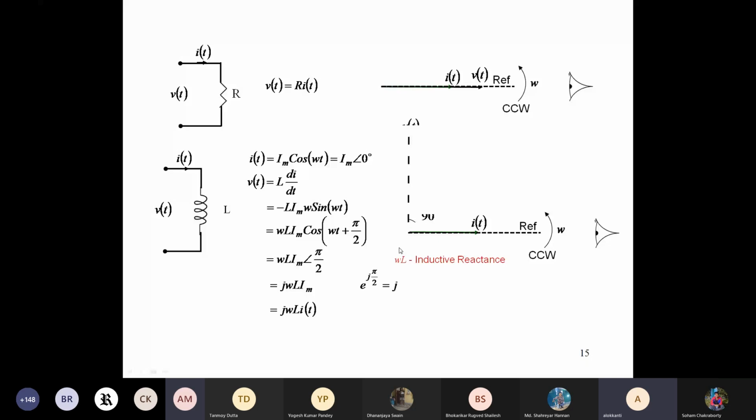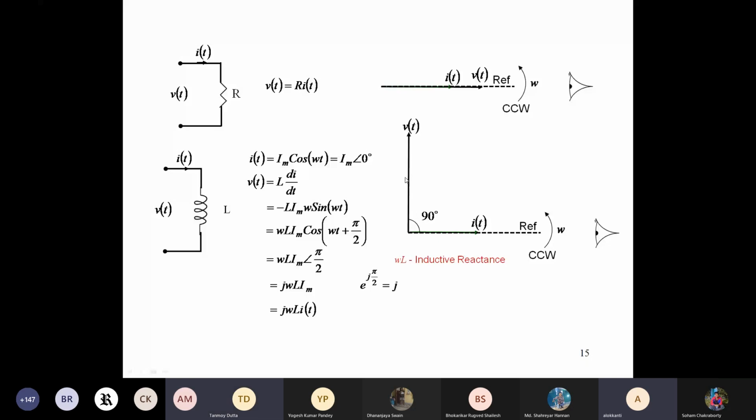So what actually happens is this j operator. As soon as you multiply by j, the j operator rotates the vector by 90 degree.